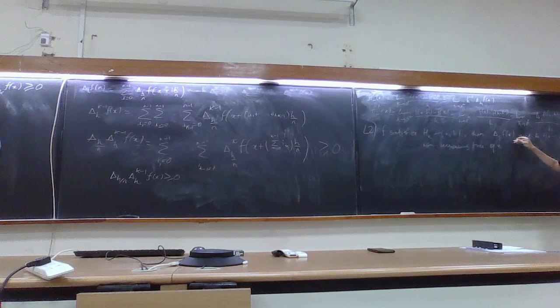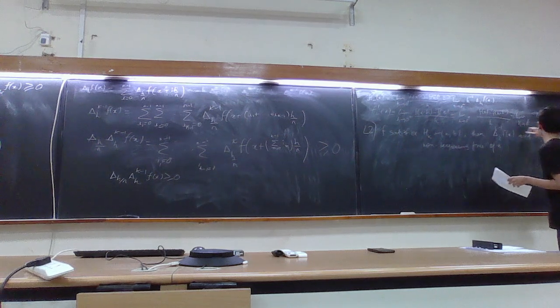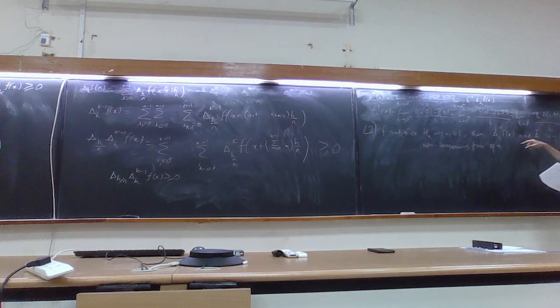So wherever these quantities are defined, you need to make sure that the inputs are within a comma b. Is that k minus 1? I'm sorry. Yeah, you need to make sure that the inputs are in a comma b, and once that is done, these quantities are non-decreasing functions of x.